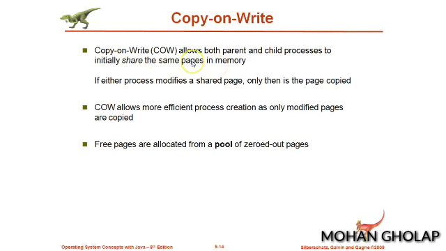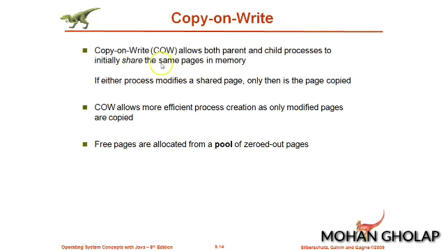As we saw, in the traditional approach, whenever a new child process is created, it creates a copy of the pages held by the parent. But with the copy on write approach, whenever a child process is created, both parent and child continue to use the same pages that are with the parent.